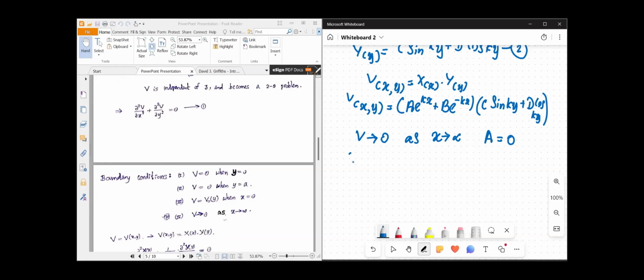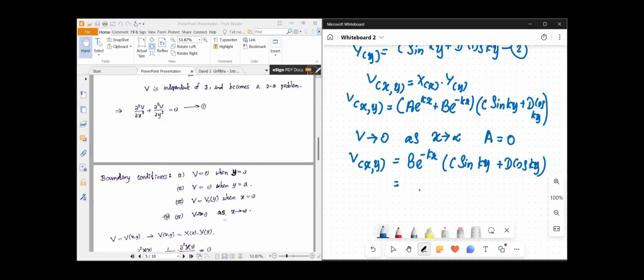Now this potential, which is a function of x and y, will reduce to b e to the power minus kx times c sine ky plus d cos ky. Here b is a constant, c is a constant, and d is a constant. So b times c will also be a constant, and b times d will also be a constant.